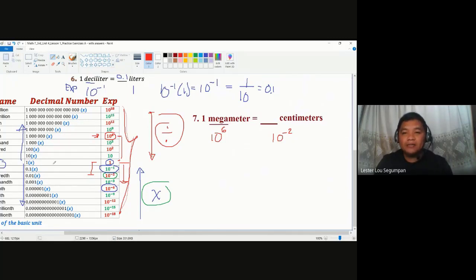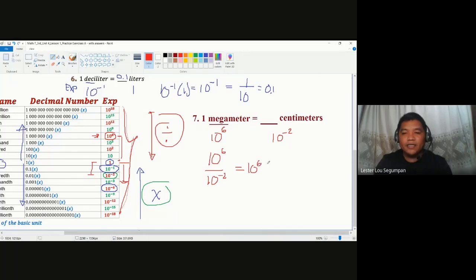So we may not pass through meter anymore. Megameter is a higher unit than the centimeter, which is a lower one. We are going to divide 10 to the power of 6 over 10 to the power of negative 2.